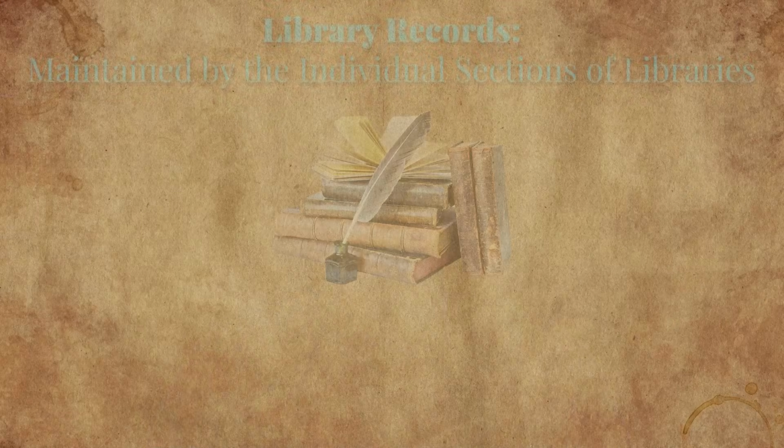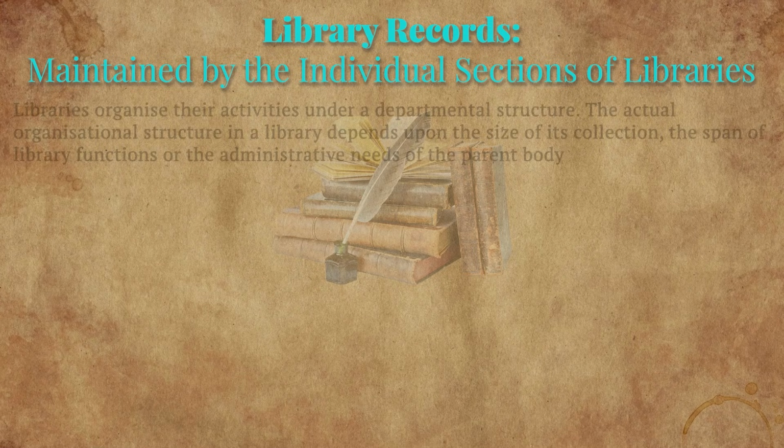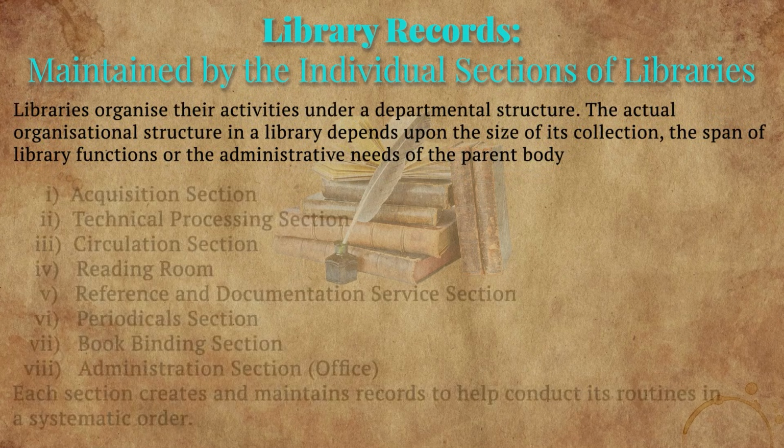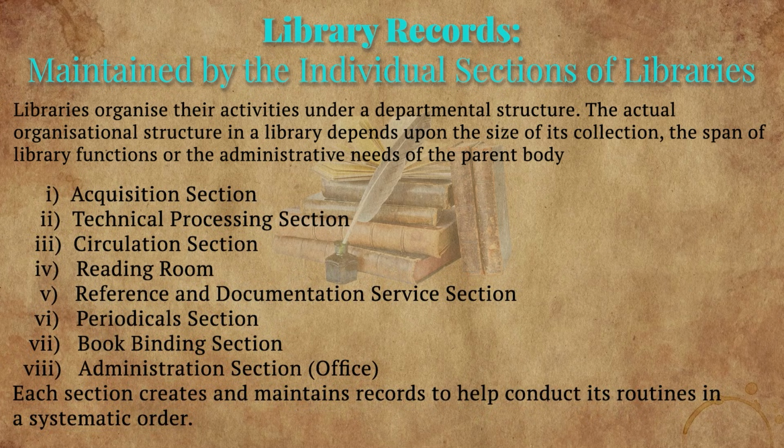So the acquisition section, which is the entry point of any library resources. Then the technical processing section, circulation section, reading room, reference and documentation service section, periodical section, bookbinding section, and administrative section or office, you can say.